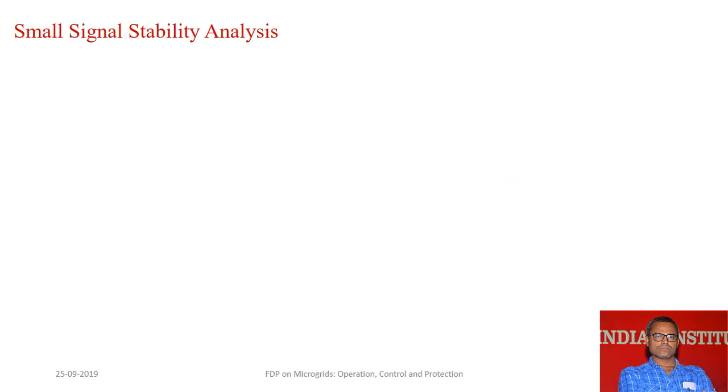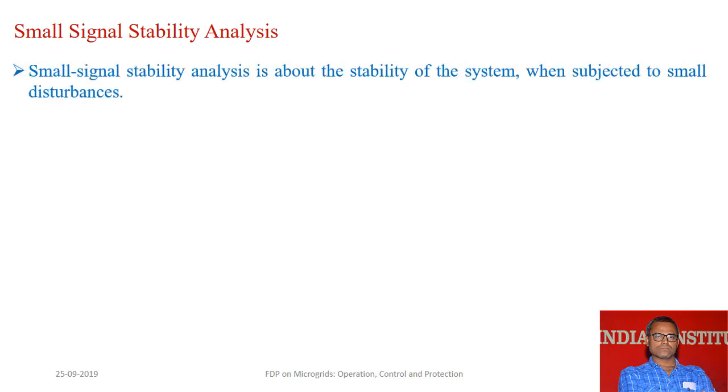Then coming to the small signal stability analysis, which our students are working on here. In fact, two students are working, Naresh and Asif, both on this small signal stability analysis. Small signal stability analysis is about the stability of the system when subjected to small disturbance. Already we know this phenomenon in the power system, right?